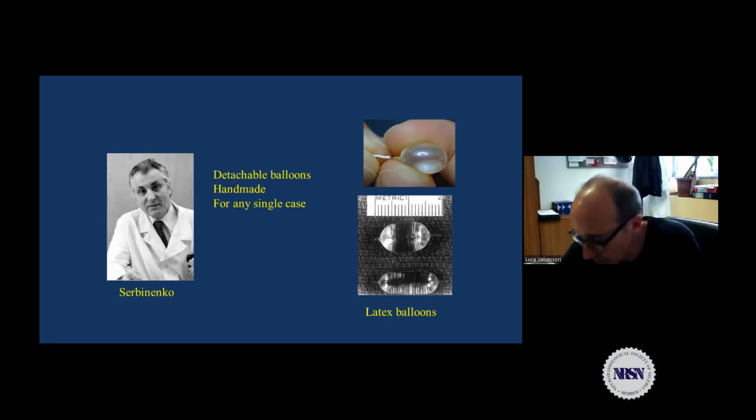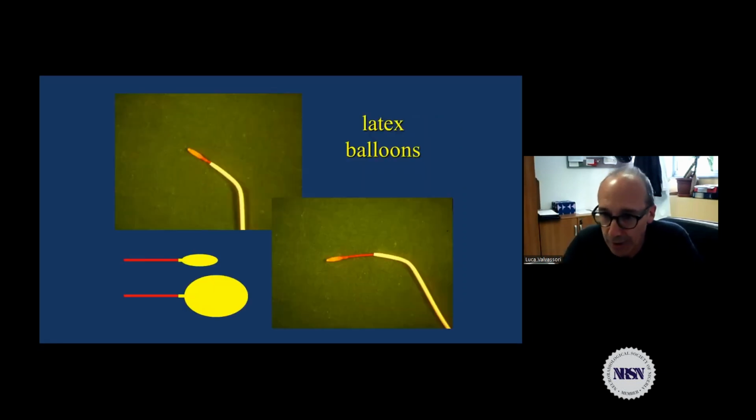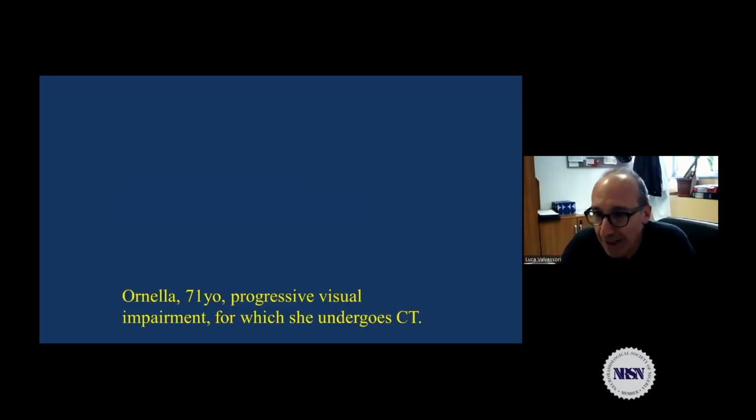Here you can see Dr. Serbinenko from Russia, who first invented and managed this kind of endovascular approach. There were basically latex balloons of different shapes and diameters that could fit different sizes and shapes of aneurysms.